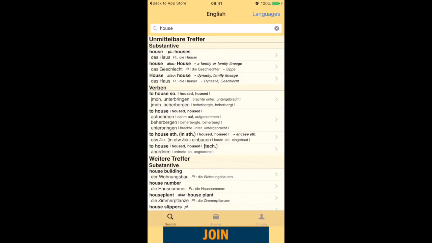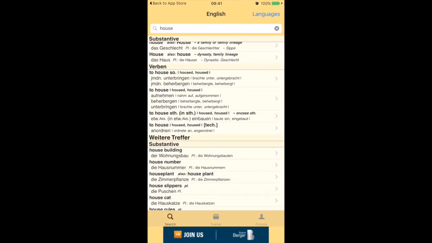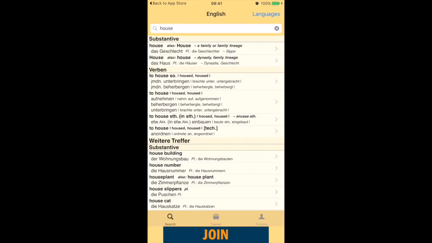What's also important when you're looking at words is the context in which they're used. So for example, if you go down to Verben, to house somebody, jemanden unterbringen. Beside that, brachte unter, that's the Präteritum, the distant past, and untergebracht is the perfect. And jemanden, if it ends with an N, that more or less means that the noun following falls into the accusative case.